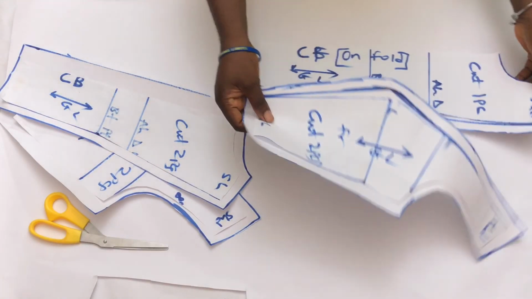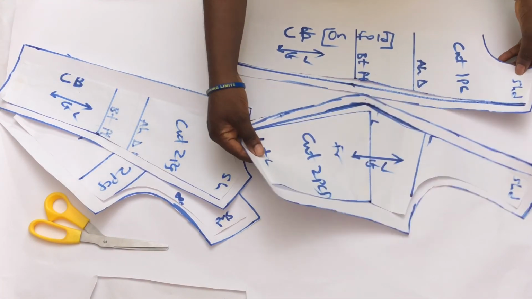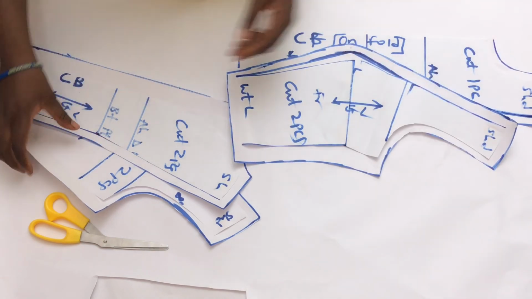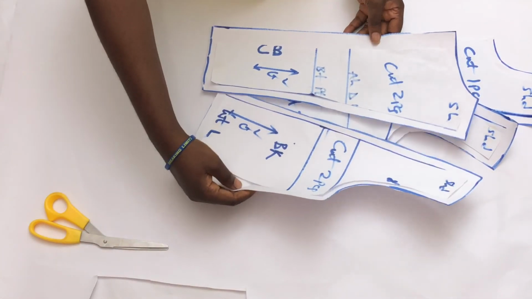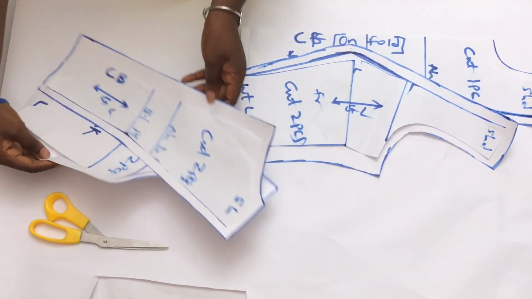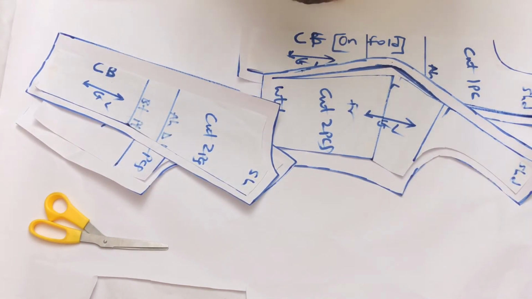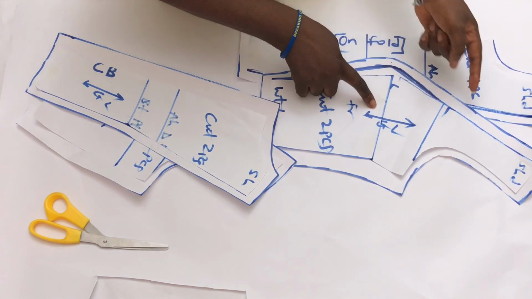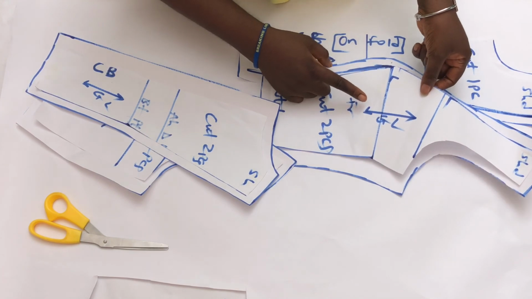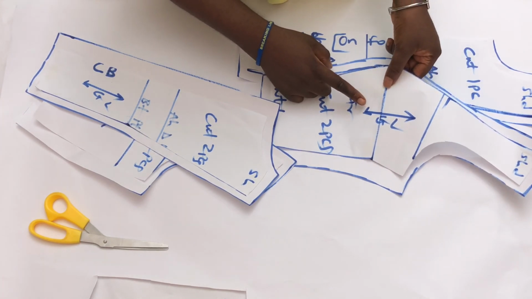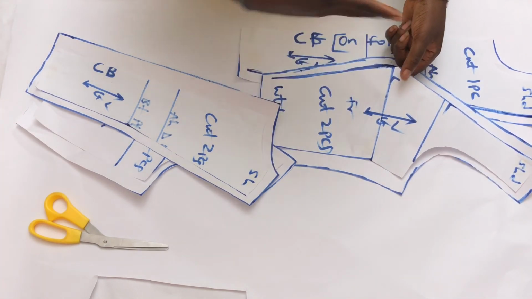This is my front piece and this is my back piece. Like I was explaining at the beginning, the difference between a sloper and a pattern. The first one we made is a sloper because it doesn't have any seam allowance.